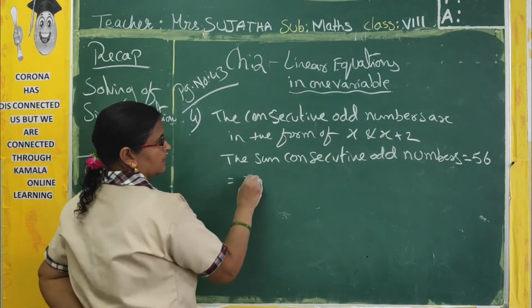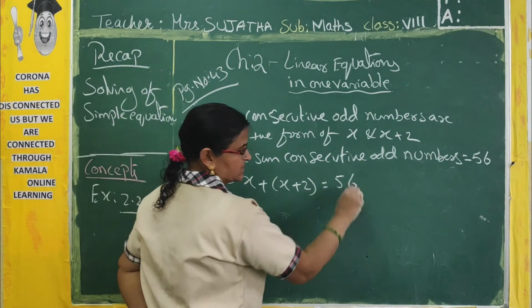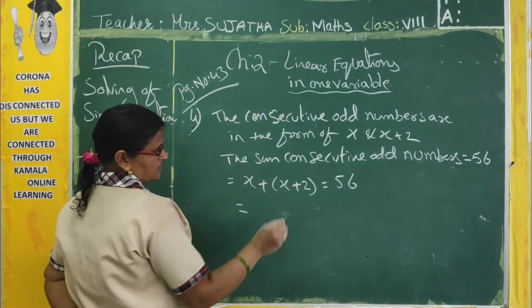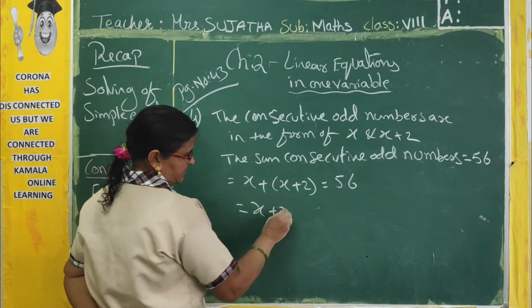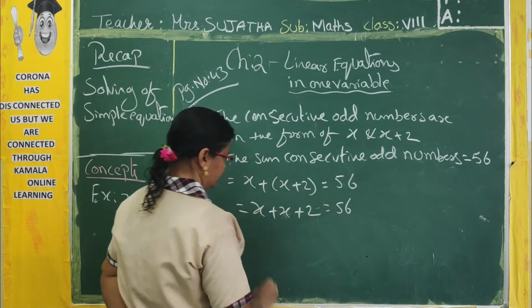Now add it: x plus x plus 2 is equal to 56.